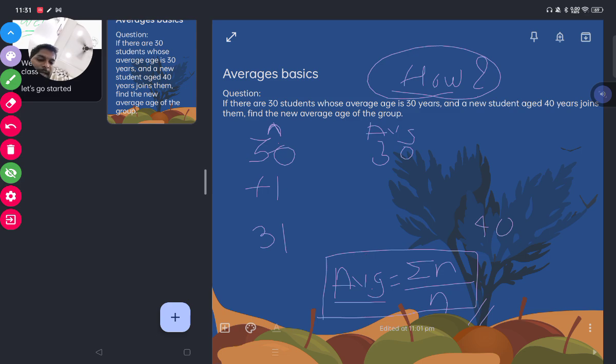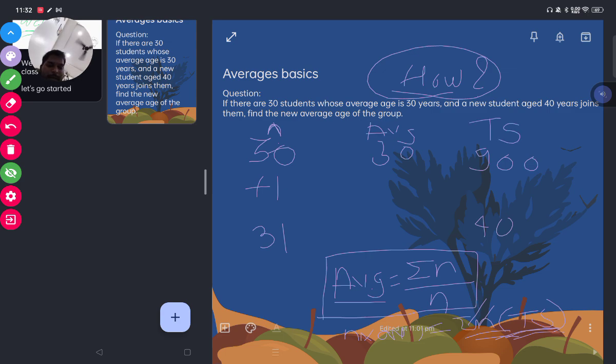So let us calculate the summation: n into average equals the summation of n. This summation is also called the total sum. So it will become 30 into 30, that is 900, the total summation.